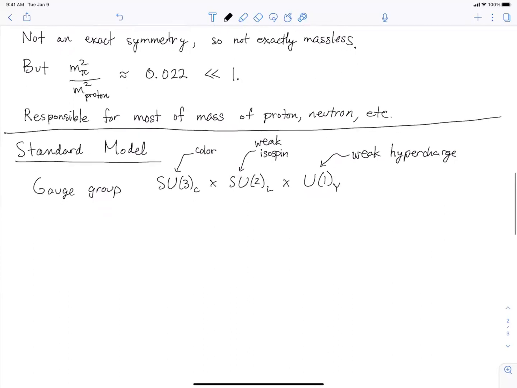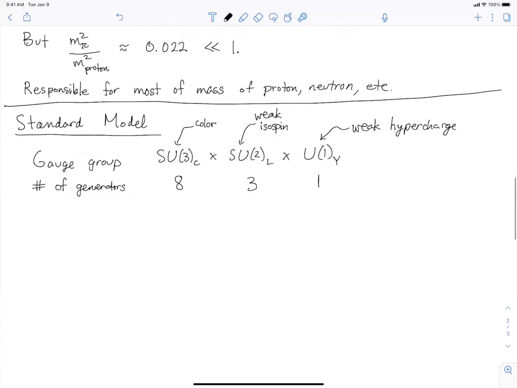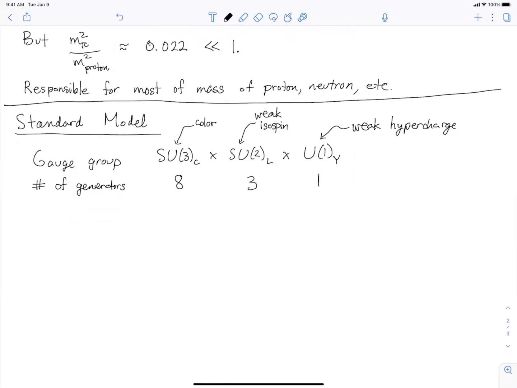Now you can count the number of generators for each of these. For color, it's 8, one for each gluon. For SU(2), it's 3, because there are 3 different generators. And for weak hypercharge, it's 1, because it's basically the phase.